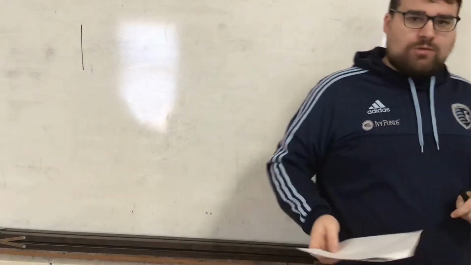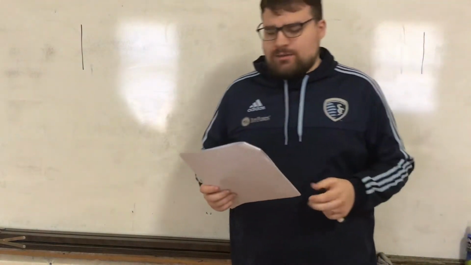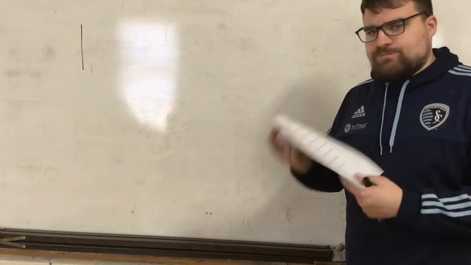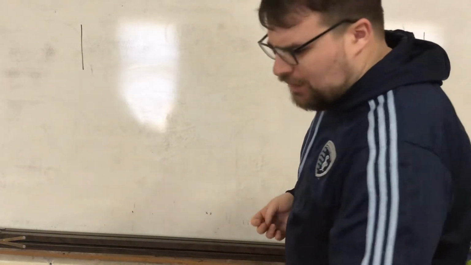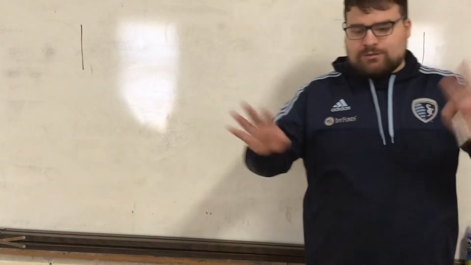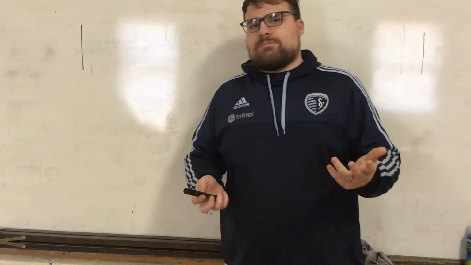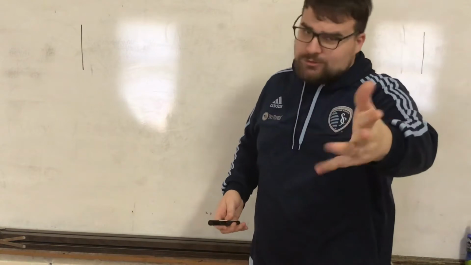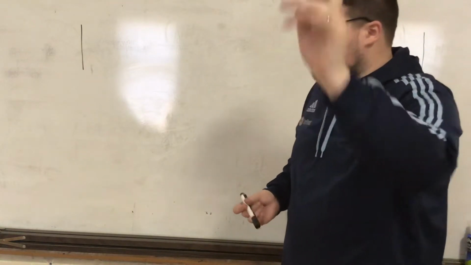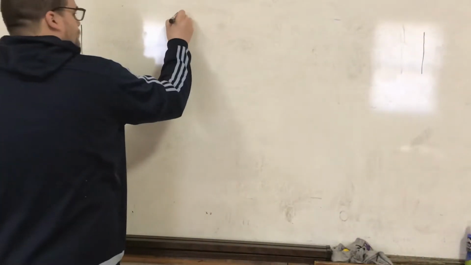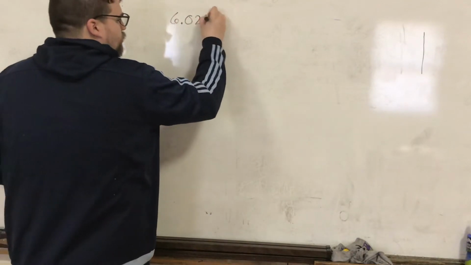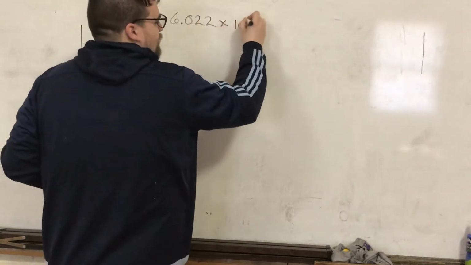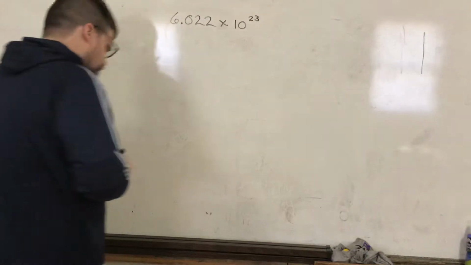We are going to continue on with our packet today, working on the second page titled Avogadro's Number and the Mole. Now, we talk about Avogadro's number in the title here. What is Avogadro's number? Think about it, you know it. That's right. 6.022 times 10 to the 23rd power.